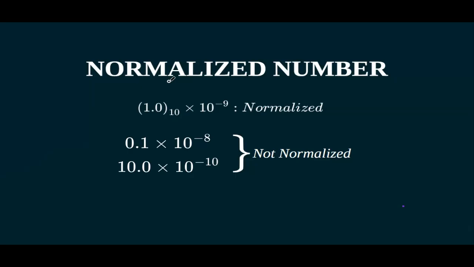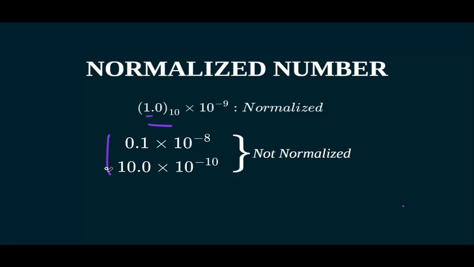Let us see what a normalized number is. A number in scientific notation that has no leading zeros is called a normalized number. See this number. It has no leading zeros, which means there are no zeros to the left of the decimal point.